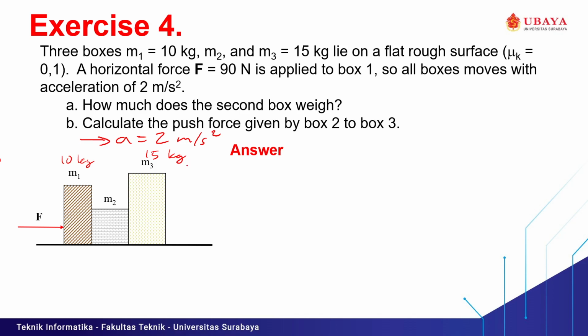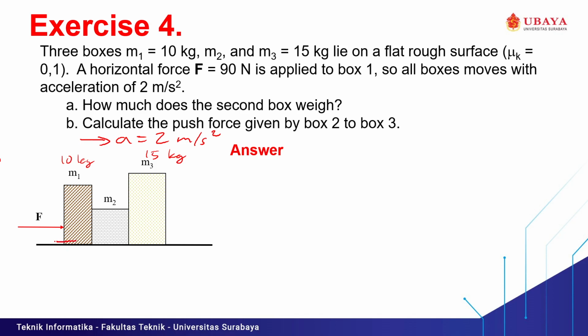To answer this question, we will draw all of the forces applied in this system. Because I have the force here, the easiest forces to draw are the kinetic friction forces.